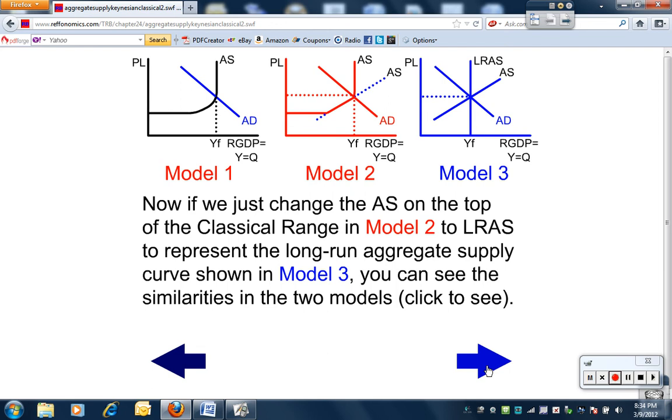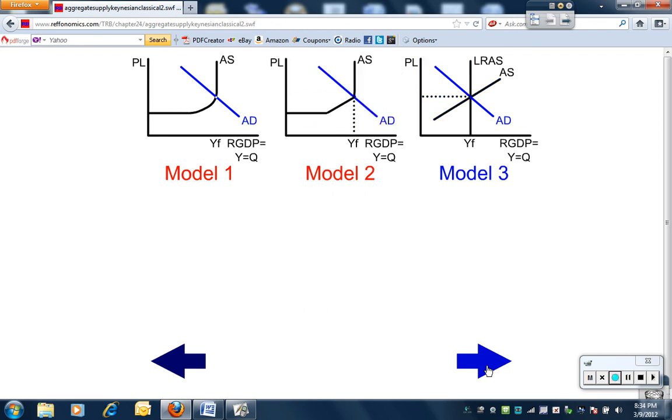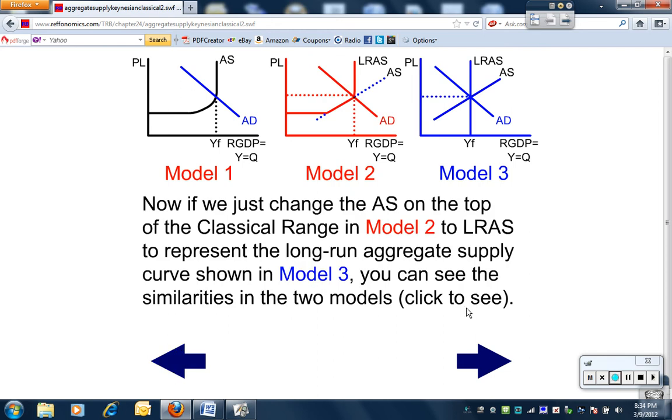If we change the aggregate supply on the top of the classical range in Model 2 to LRAS to represent the long-run aggregate supply curve in Model 3, you can see the similarities in the two models. Go back a second so you can see that. Long-run aggregate supply in both.